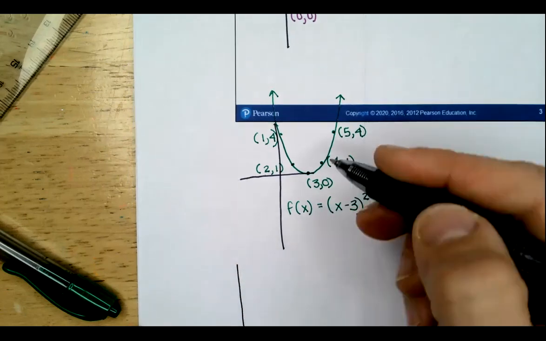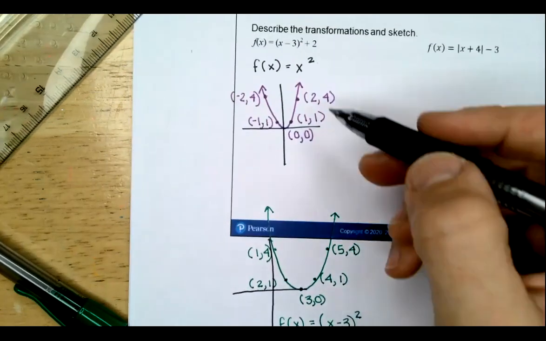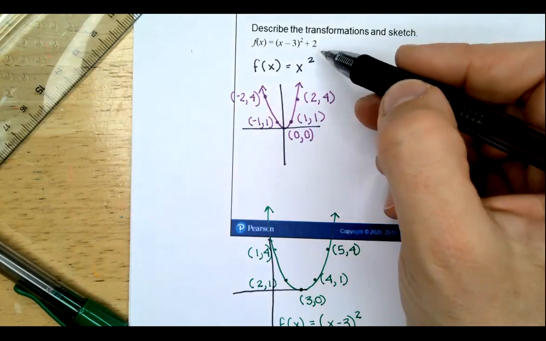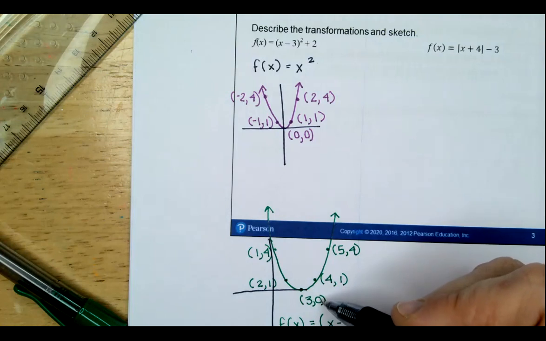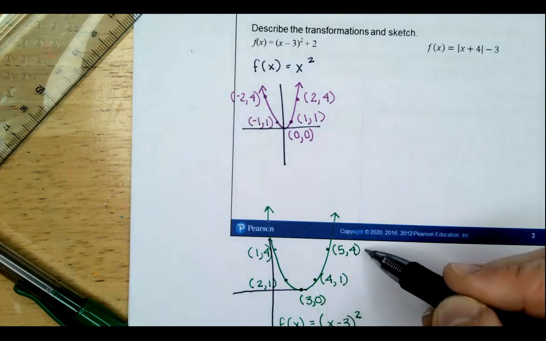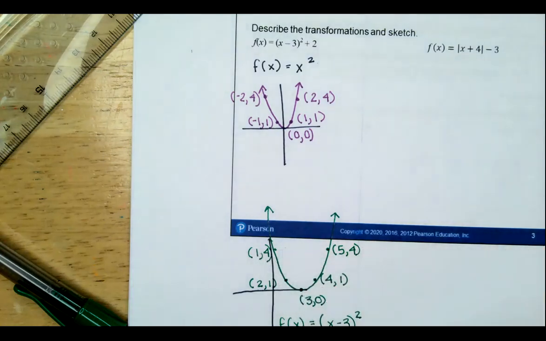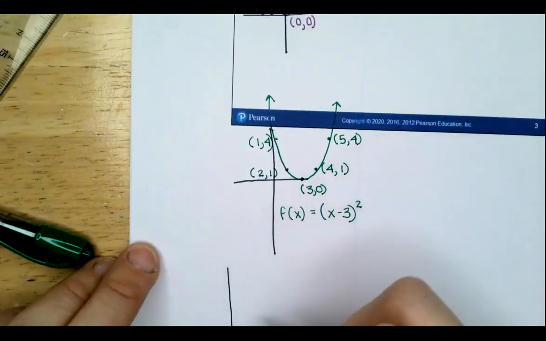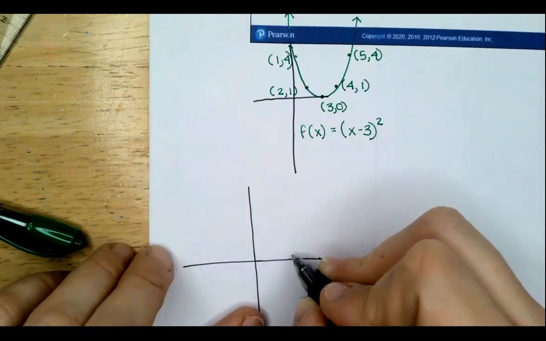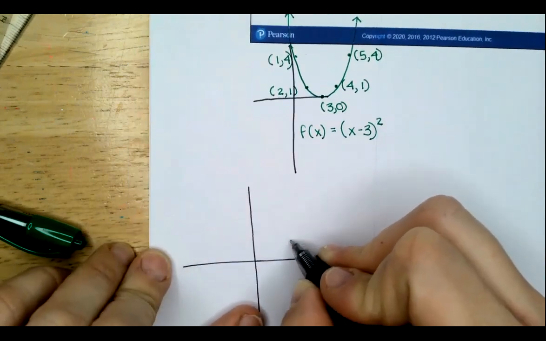And now we need to graph what it would look like if this one then got plus 2 added. What does plus 2 mean? It's quite intuitive. Plus 2 means we're going to go up on the y-axis. So we're just going to say 0 plus 2, 1 plus 2, 4 plus 2, 4 plus 2, 1 plus 2. Okay, so instead of 3, 0, we're going to call it 3, 2.